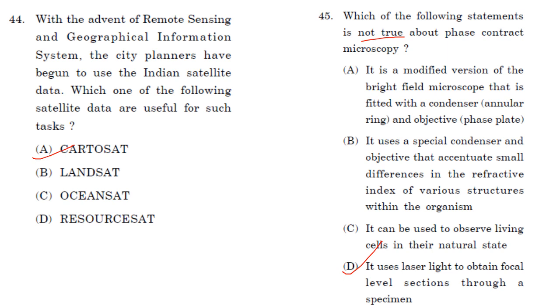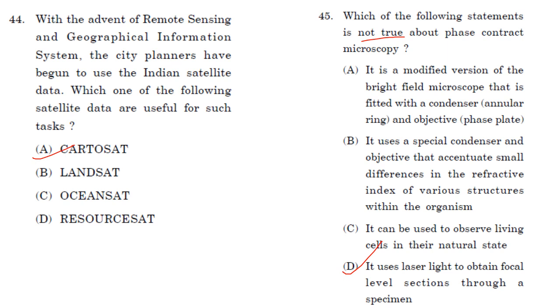Which of the following statements is not true about phase contrast microscopy? It is a modified version of bright field microscope that is fitted with a special condenser and an objective. Yes, it uses a special condenser and objective that accentuate small differences in the refractive index of various structures within the organism.